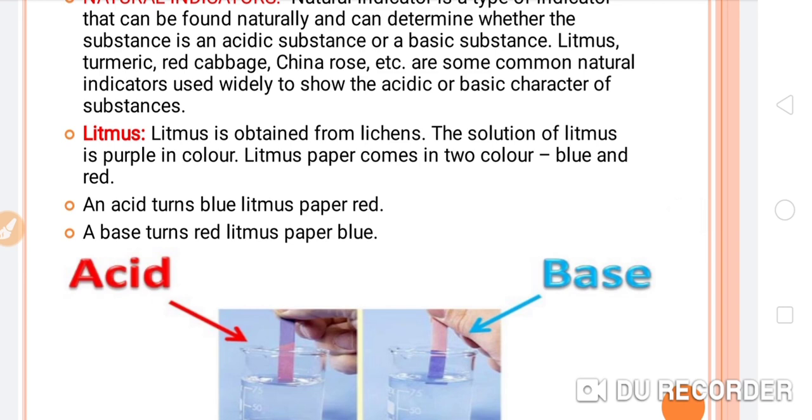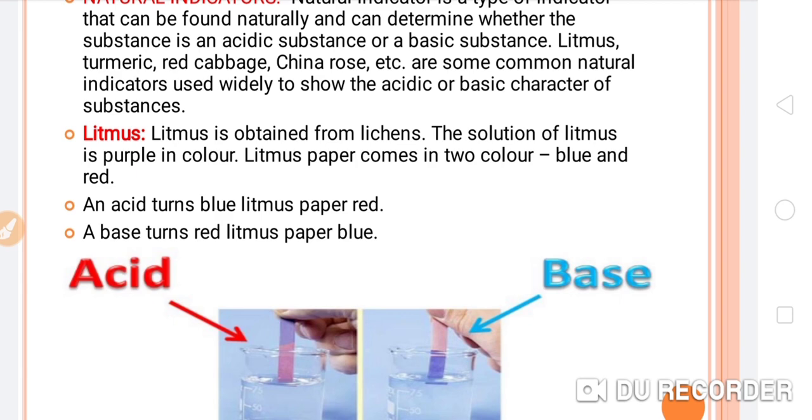So first, litmus. Suppose I have provided two solutions to you and I have asked you to identify which one is the acidic solution and which one is the basic solution, and you have two types of litmus paper. First we have to know what litmus is.